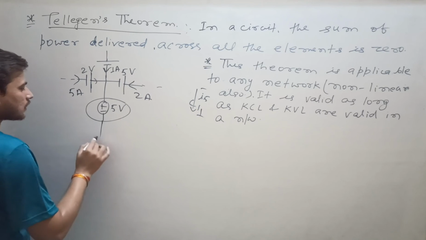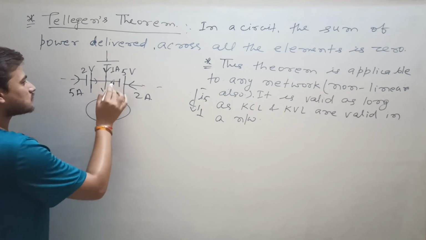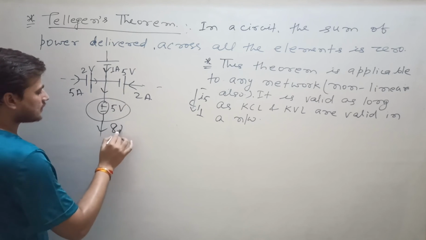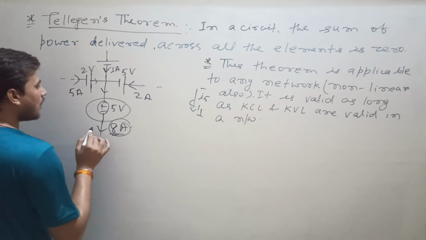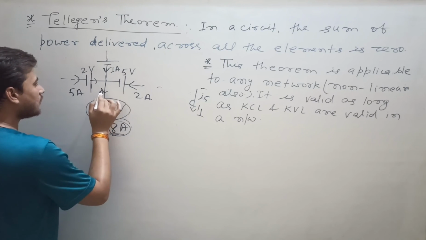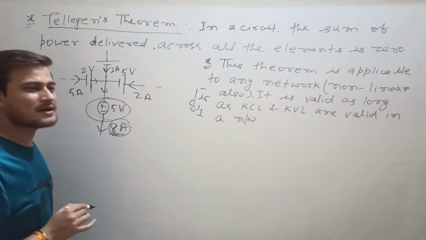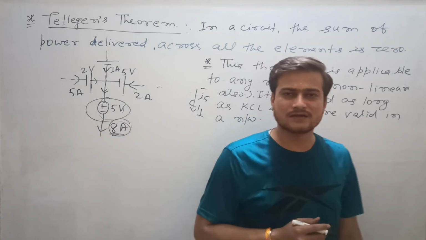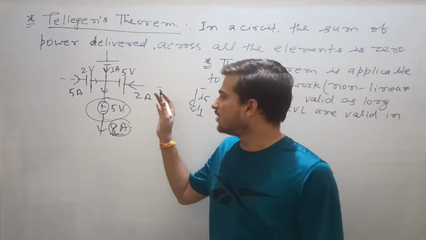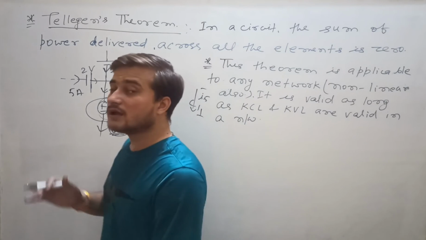So the total current through this battery will be how much? This current 5 plus 1 plus 2, that means 8 ampere. The total current will be 8 ampere. Now you see, 8 ampere current is entering through the positive terminal of this battery. So if the current is entering through the positive terminal of this battery, it means the battery is taking the power, the battery is absorbing the power, the battery is being charged here.